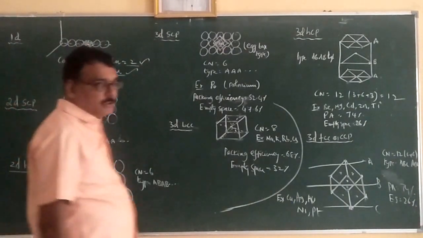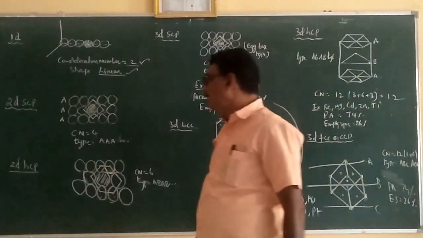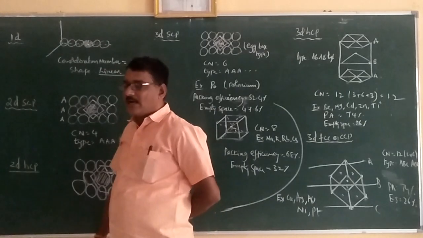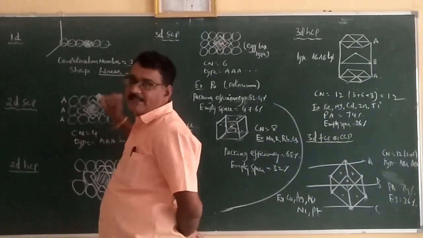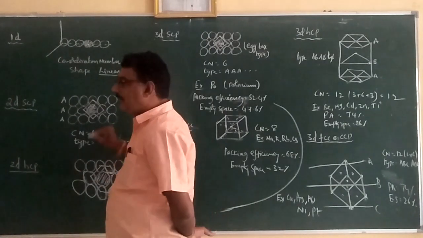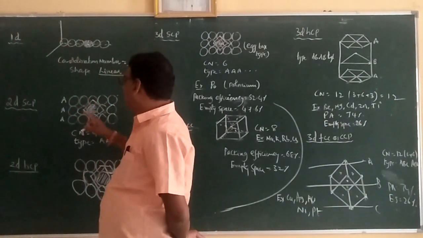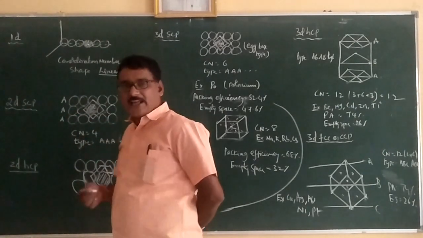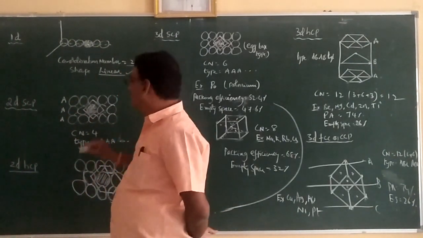Next, two-dimensional square close packing. Here I am taking one layer, an A layer, with five spheres. The other layers are also the same.